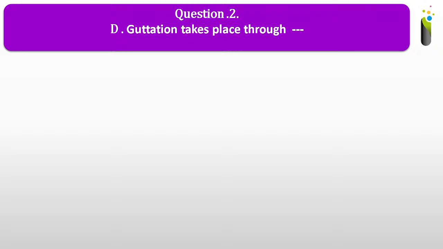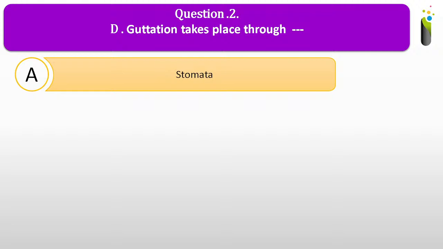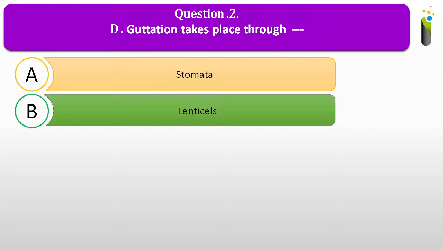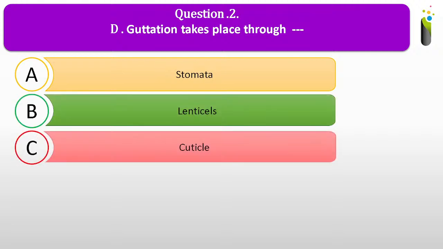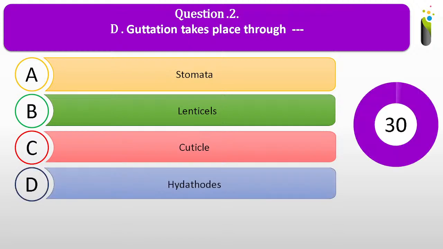Going ahead to the next question, number 2D. Guttation takes place through dash. A. Stomata. B. Lenticels. C. Cuticle. D. Hydathodes. So what should be the answer for this question?